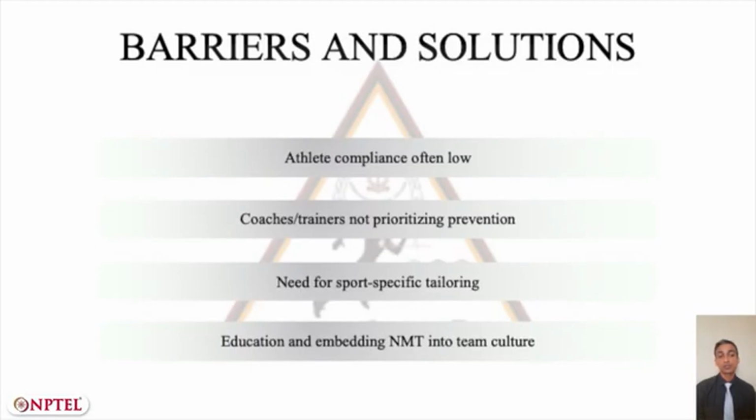The solution to this problem is to educate athletes that re-injury rates are highest in the first 2 years and ongoing neuromuscular training reduces this risk by up to 50%. 1 in every 4 athletes after an ACL injury is likely to get re-injured.